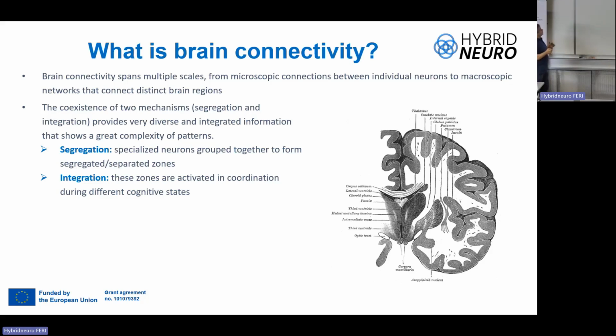The segregation, when you can have separated zones connected inside of this zone, grouped together, the different neurons, and also integration, when these zones are activated in coordination. So it's possible to have separated, segregated zones, but also connected to the other segregated zones as an integration. So they are compatible. And all of this mixture creates the brain connectivity.